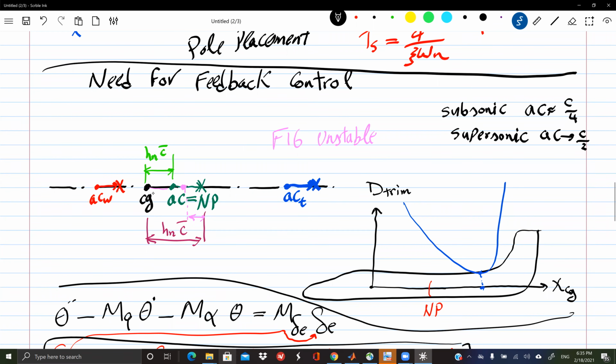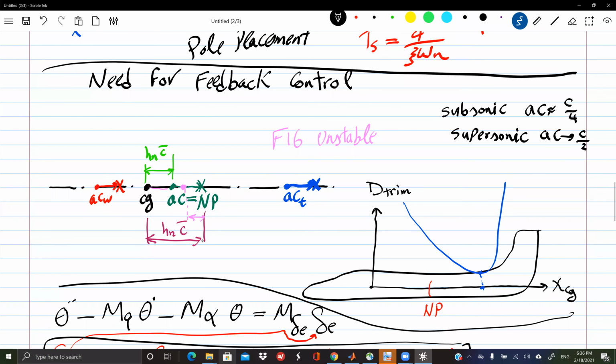I'm saying if you design the airplane to be stable at subsonic, so this is the CG at subsonic, and this is the neutral point, the green one here, the aerodynamic center at subsonic. This configuration, CG in front of the neutral point, is stable. So it's stable in the subsonic. What will happen? It will be too heavily stable in the supersonic because this guy moves backwards simply.